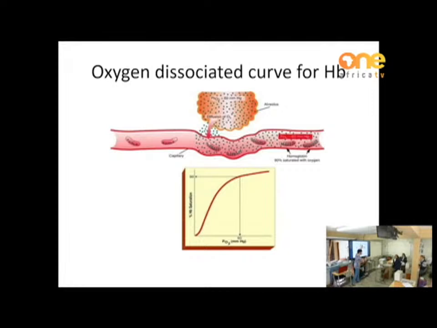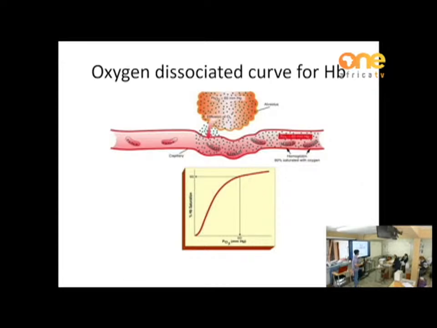When I have high pressure of oxygen, I want high saturation of hemoglobin with oxygen. Do you see? When oxygen is high pressure, I have a high saturation rate.